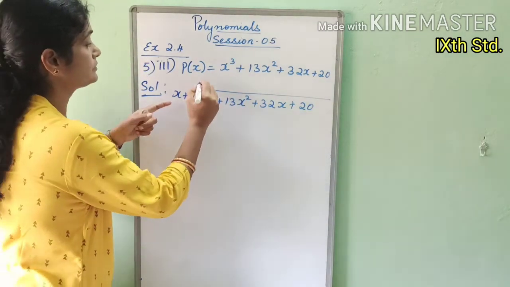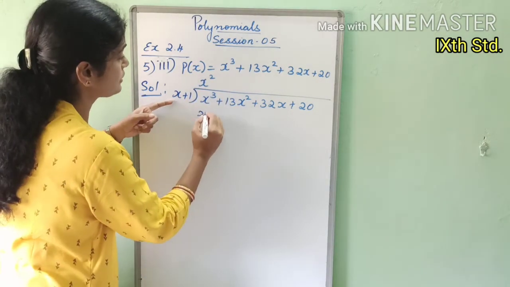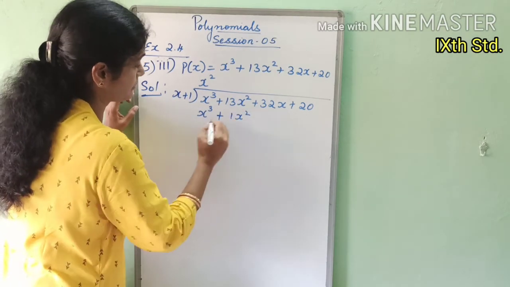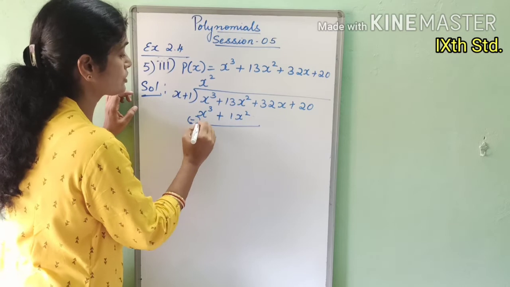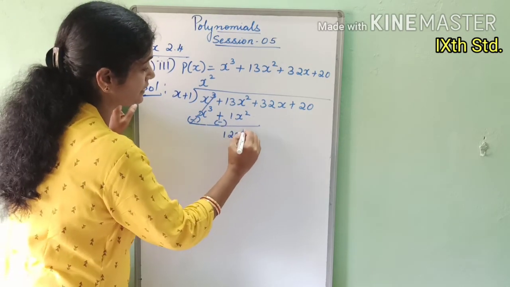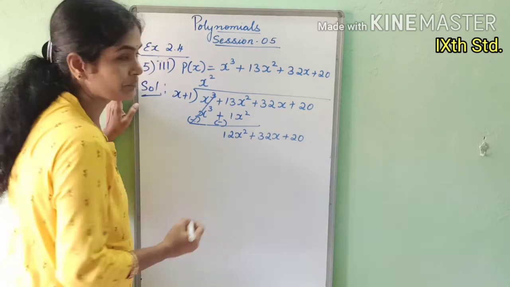Then the first term is x square, so it is x cube plus 1x square, subtraction, so this is 12x square plus 32x plus 20, right?